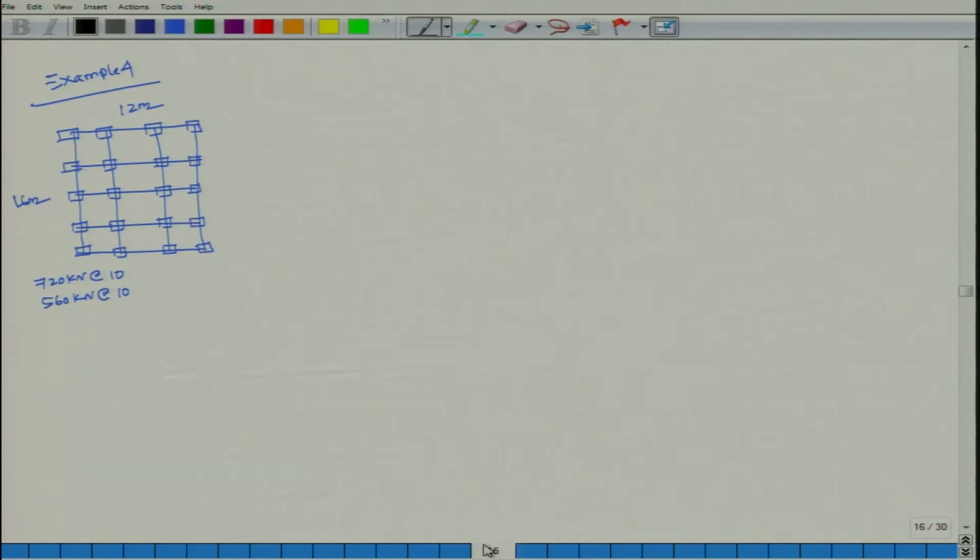Before I go to example 4, let me start with combined footings, a detailed description of combined footings.